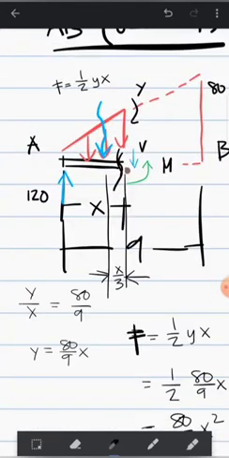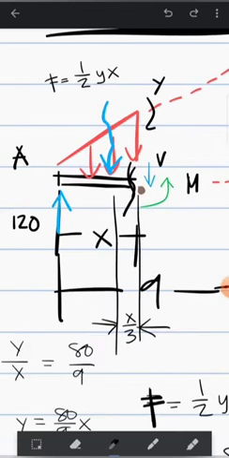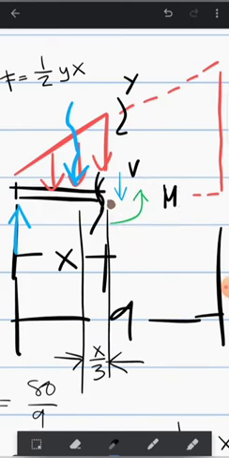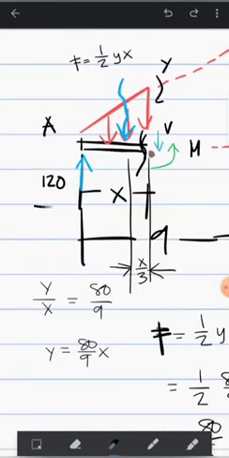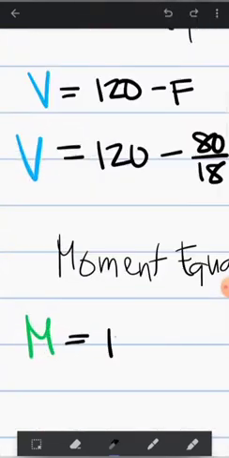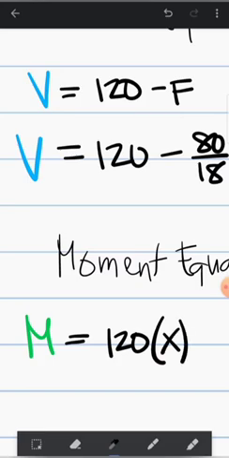All the moments that go counterclockwise should be equal to all the moments that go clockwise. Since we take moment at the cut, the 120 would cause clockwise, and our moment here is heading the opposite, so those two are equal. So our force times our moment arm, which is x, makes the moment equal to 120 times x.